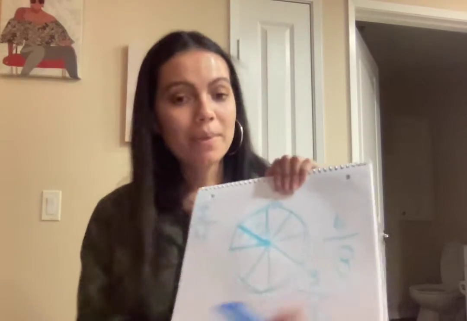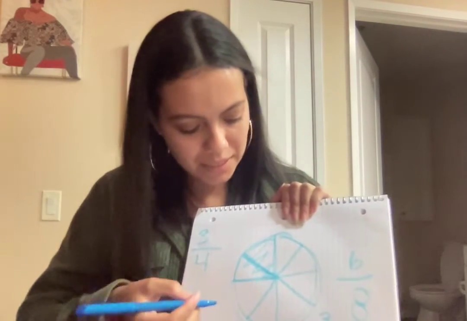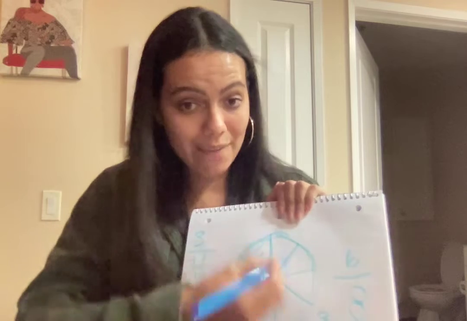So 3/4 and 6/8 actually are the same fraction, because no matter how many times you multiply the fraction or how many times you divide the pizza, so I have 8 slices.